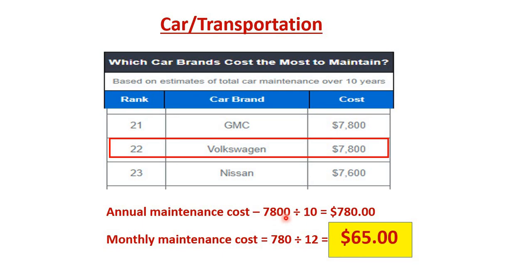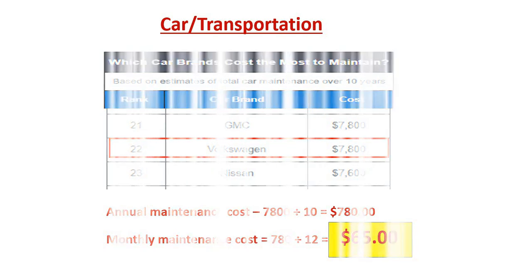Well, I take that 10-year amount and divide it by 10, so it's $780 per year, and then I have to take that amount and divide it by 12, so I've got $65 per month that I figure is going to be maintenance.